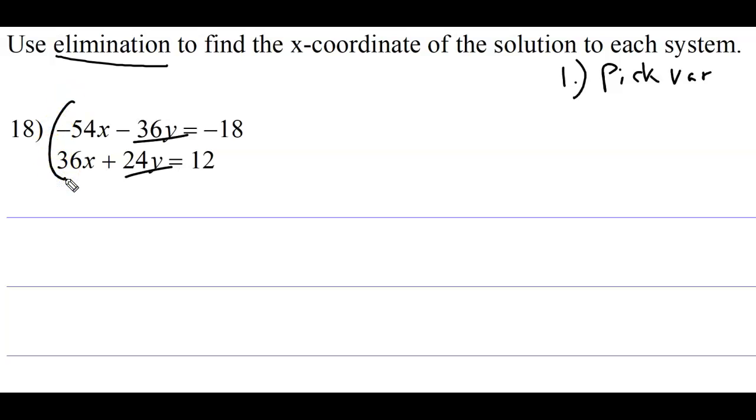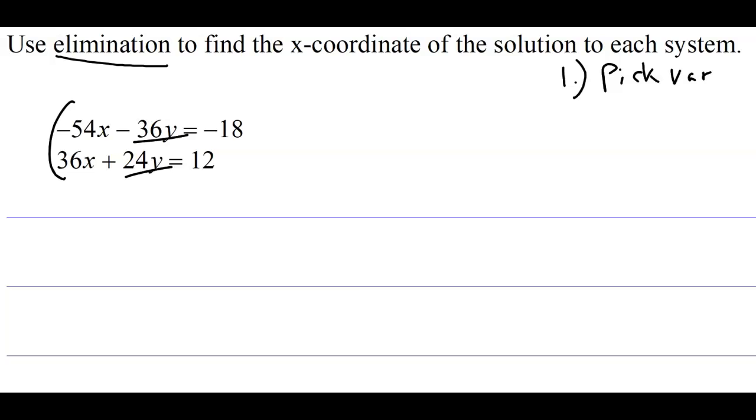All right, the next thing that you're going to do is you're going to multiply the top equation and the bottom equation by something so that those come out to be the same. Now, we've got some pretty big numbers here.